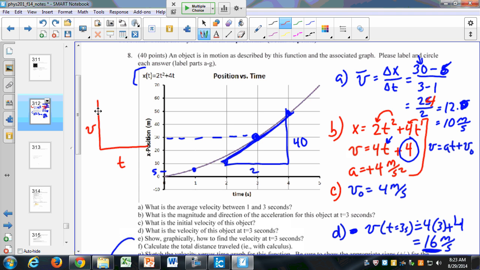Is it a straight or curved line? It's a straight line, right? Is the line going up or going down? It's going up. So my line's going to look like that. It actually has a slope equal to 4, because that's my acceleration. A slope equal to positive 4. The acceleration is unchanging, so the slope of that line is unchanging.